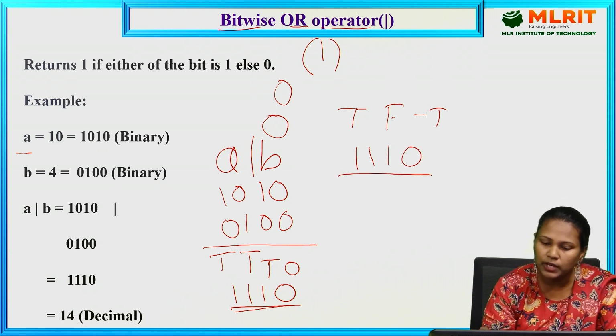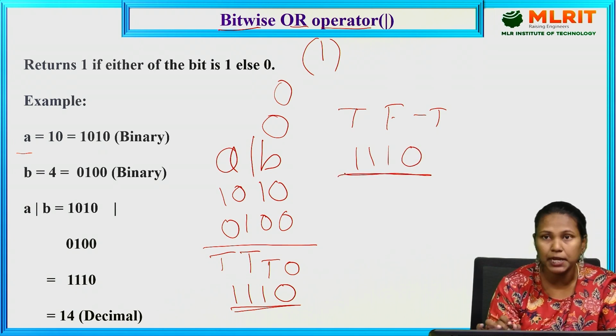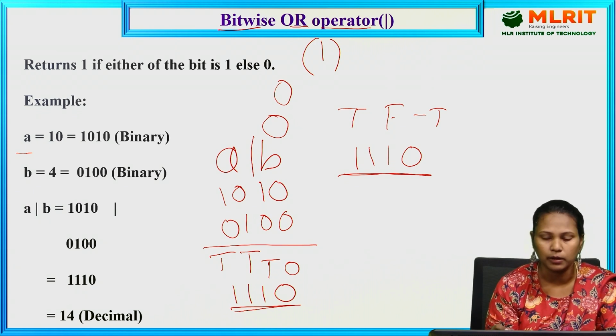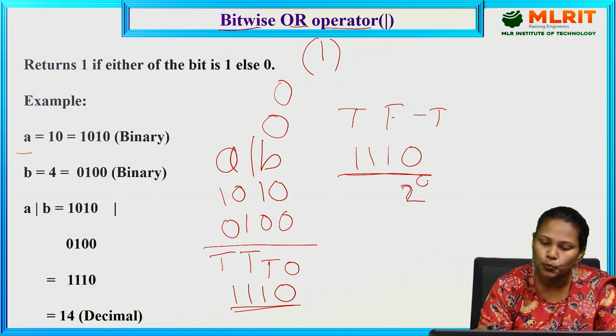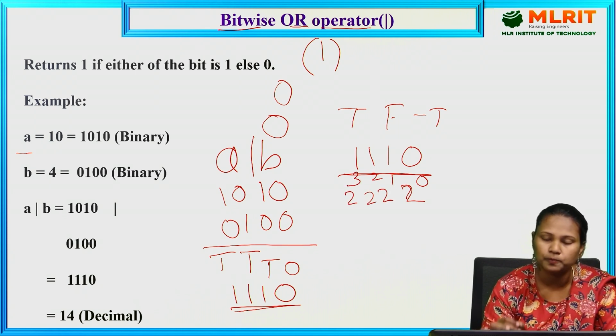Here we need to convert this binary number again to a decimal number. To convert a binary number to a decimal number, you need to multiply by powers of 2, starting with 2 power 0, then 2 power 1, 2 square, 2 cube.